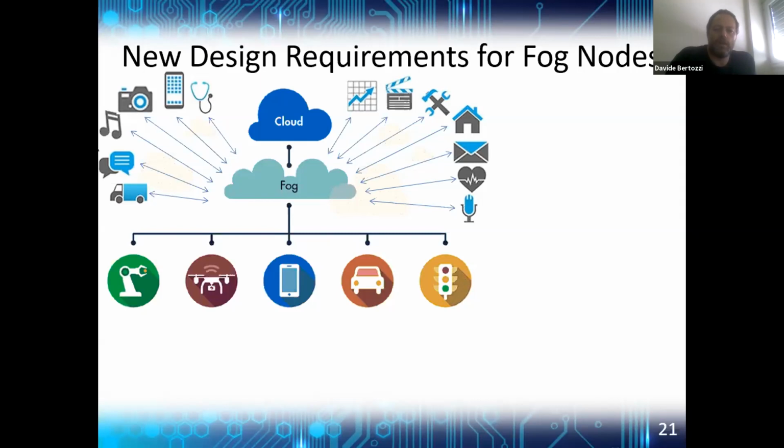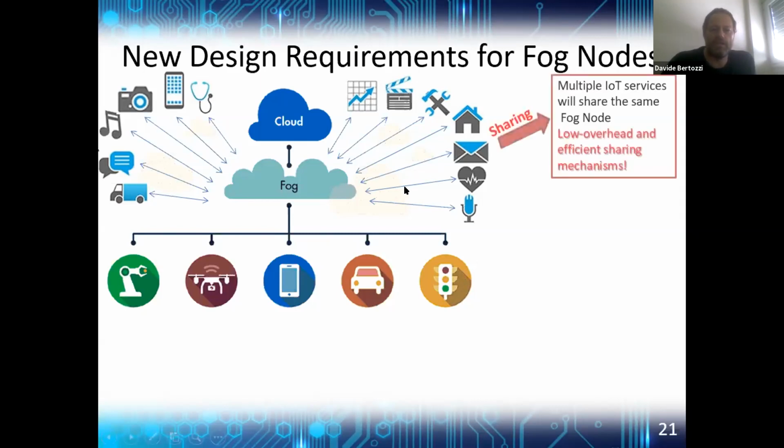And so from this, we can derive interesting design requirements for our fog computing node. So first of all, it will be shared. And let me remind you that today there is only poor support in commercial off-the-shelf platforms for efficient and secure sharing. So we need, first of all, a low overhead sharing mechanism for the fog node.